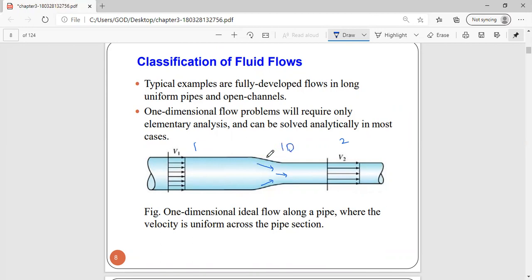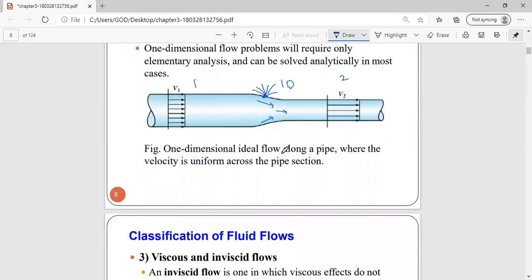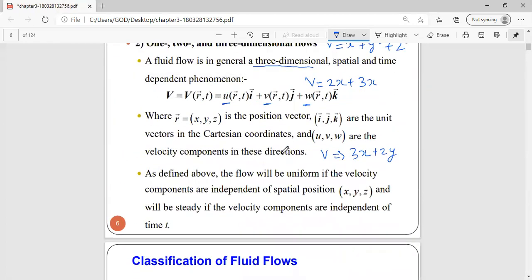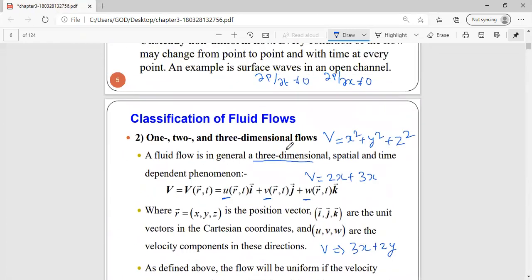Okay. If I have a small hole here, then the fluid is trying to escape from this hole, so it might be two-dimensional, it might be three-dimensional. For that you have to mathematically model it. So simply, you can write one-dimensional flow as, if your fluid equation after mathematical modeling shows only one direction, either x or y or z, for example 3y squared, or 3z plus 3z squared, those are all called one-dimensional flows.